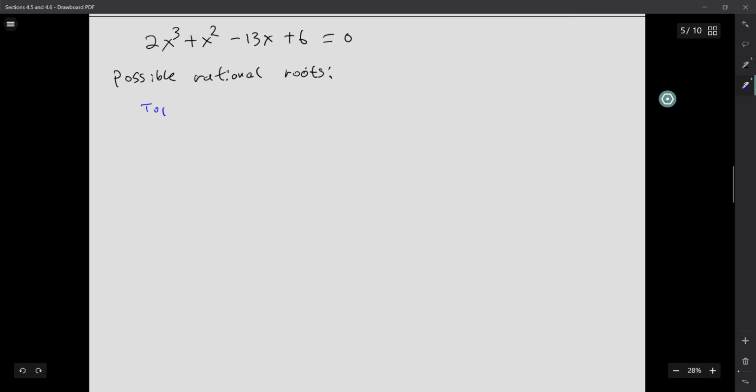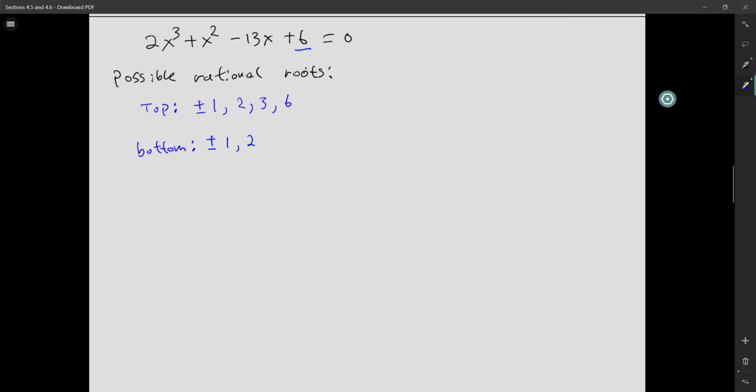So on the top, we use the constant coefficient. The factors of the top, we have plus or minus 1, 2, 3, or 6. And for the bottom, we use numbers from the leading coefficient. We can have plus or minus 1 or 2.